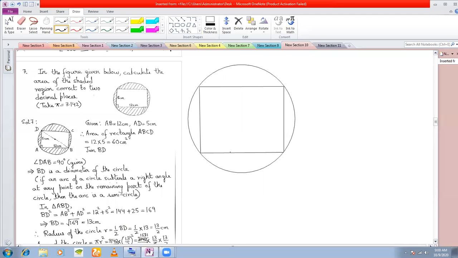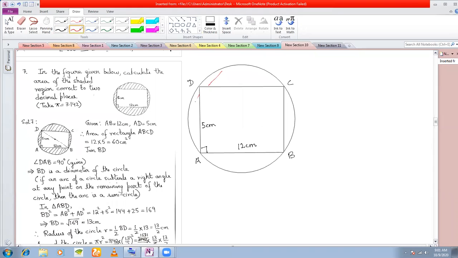So this is your rectangle inside a circle. And we name these vertices A, B, C, D of the rectangle. The length of AB is given to be 12 centimeter, and the length of AD is given to be 5 centimeter.